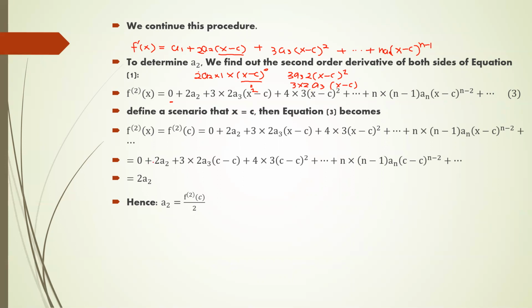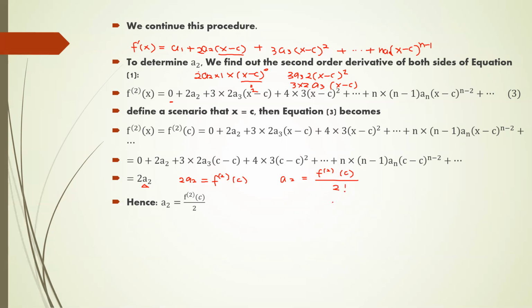What is left is 2 times a2. And remember, we want to solve a2. So 2 times a2 equals f2c, and a2 is going to equal f2c divided by 2, or the factorial of 2.